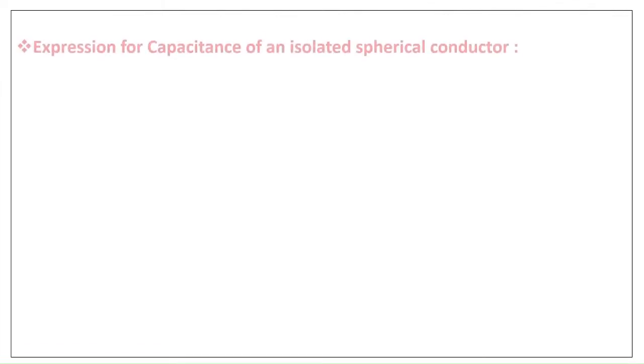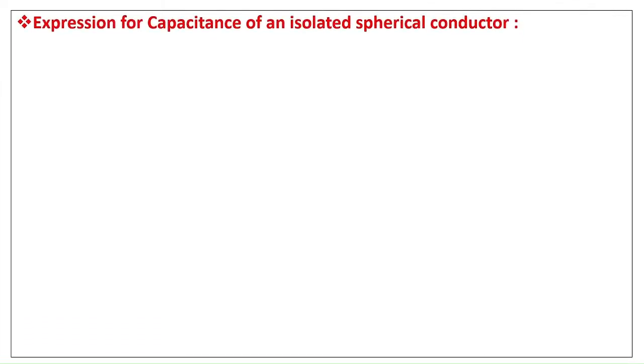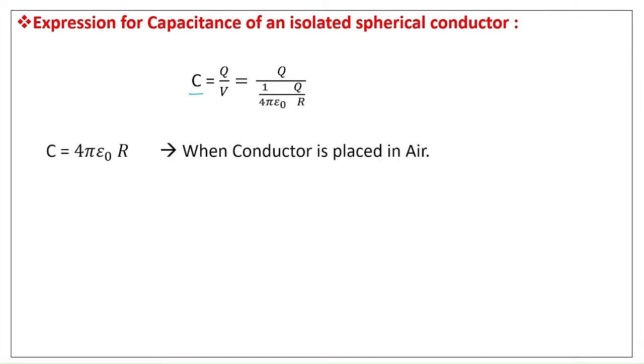Next, expression for capacitance of an isolated spherical conductor. That is, C is equal to Q by V. That is written as C is equal to Q by (1 by 4 pi epsilon naught into Q by R).